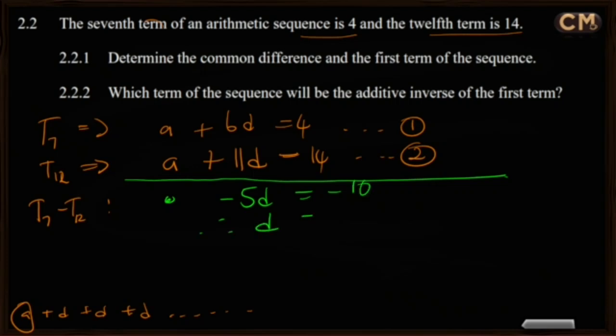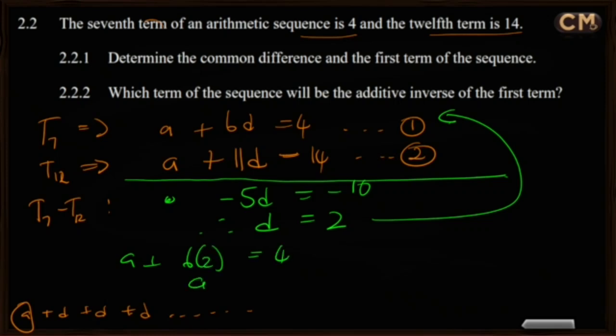Thusly, d is equal to 2, because we divided both sides by negative 5. Then, from the first equation, I'm just going to take this d and punch it into that. So we'll have a plus 6 times 2, all equal to 4. And that means a is equal to, well, minus 12 to 0 this out, and minus 12 over there, because what we do to the left, we must do to the right, and that's minus 8.